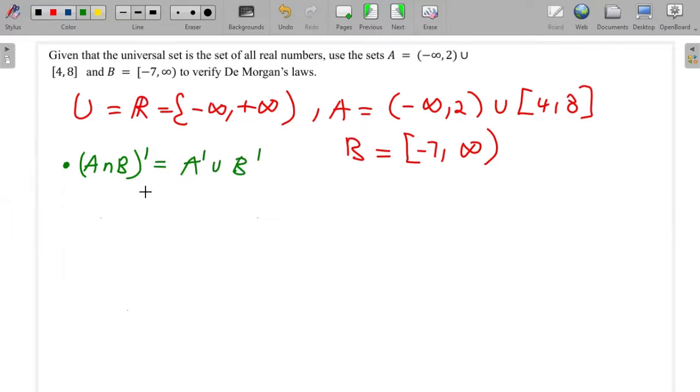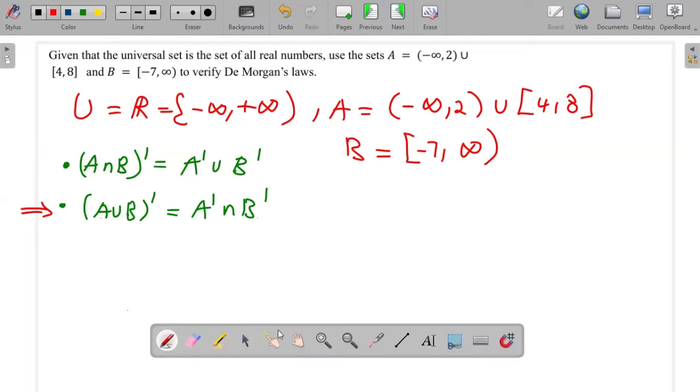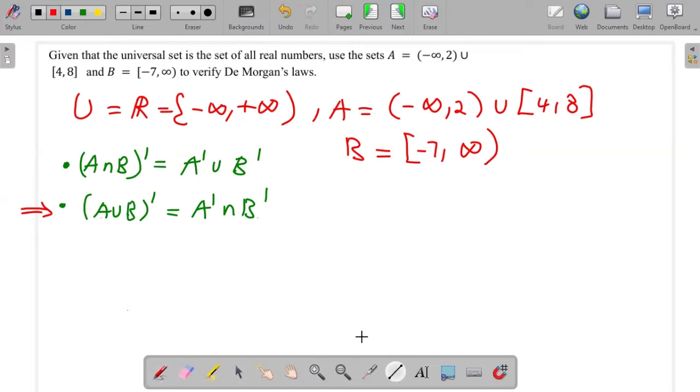So I'll do one, the other one you'll do. And then the other De Morgan's law is A union B complement. It's the same as A complement intersection B complement. Okay, so I'm going to do this second one here. Here we need the number line, so I'll just draw the number line like that. That will be my universal set there.